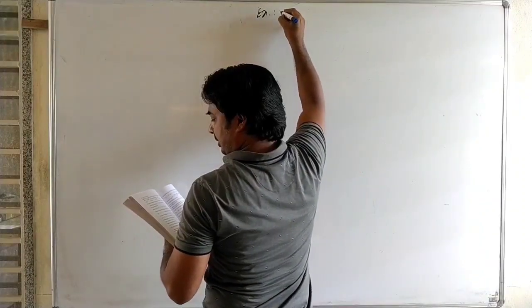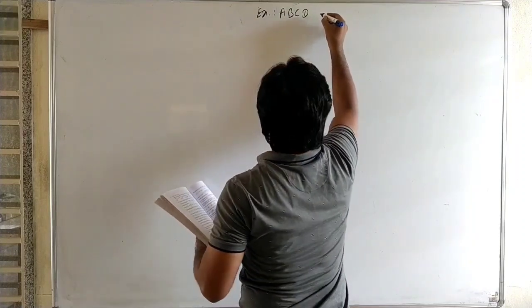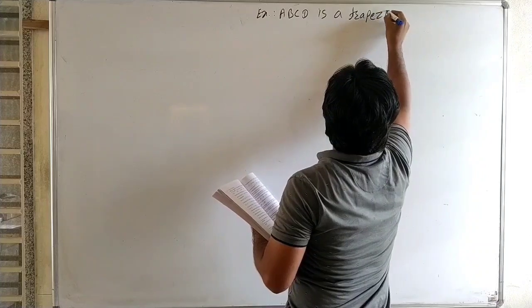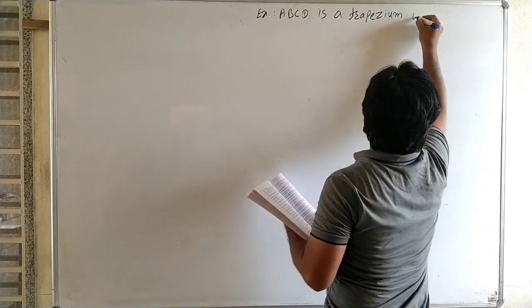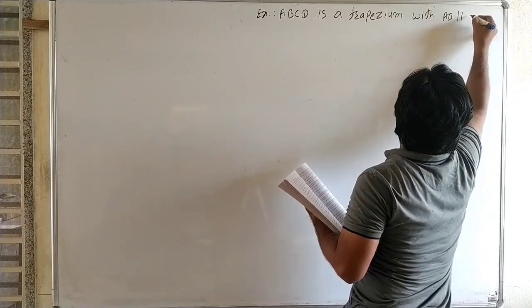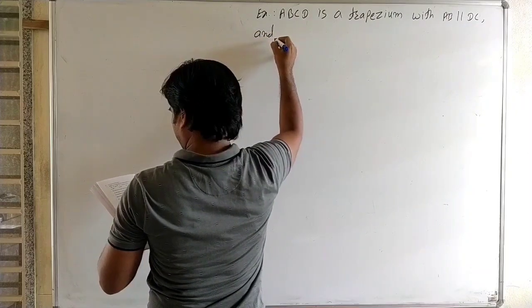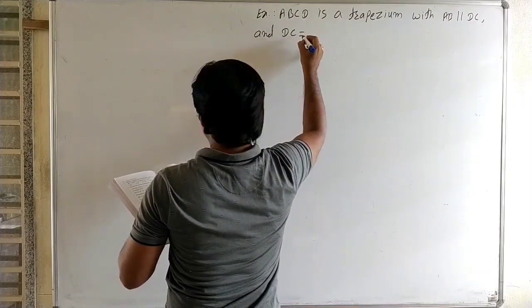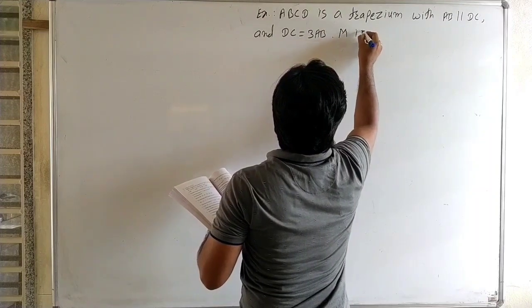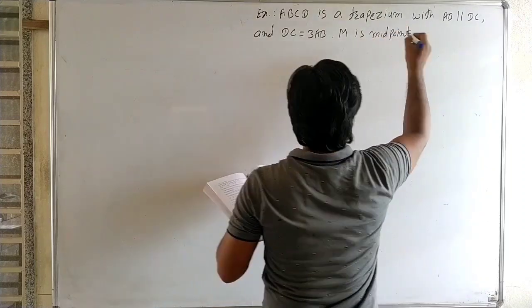Example: ABCD is a trapezium with AB parallel to DC and DC is equal to 3AB. M is the midpoint of DC.